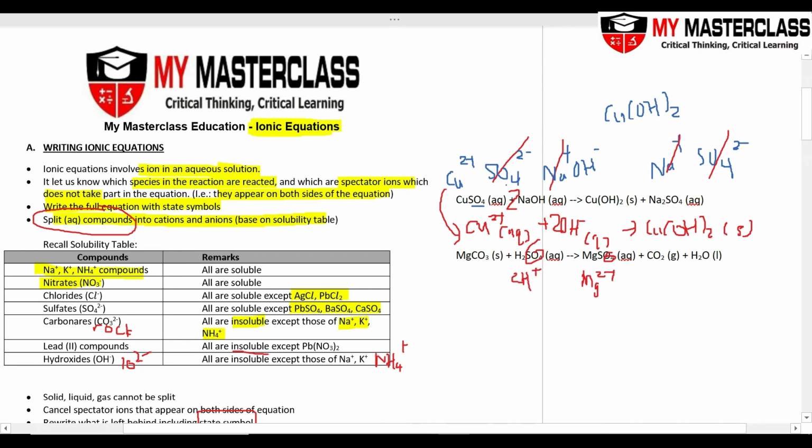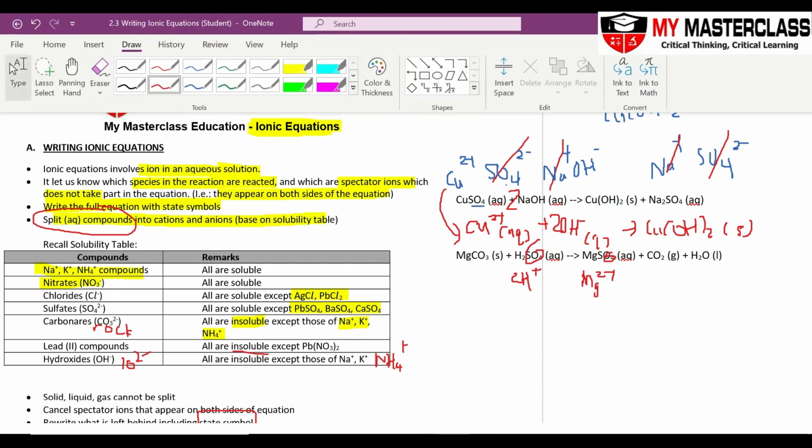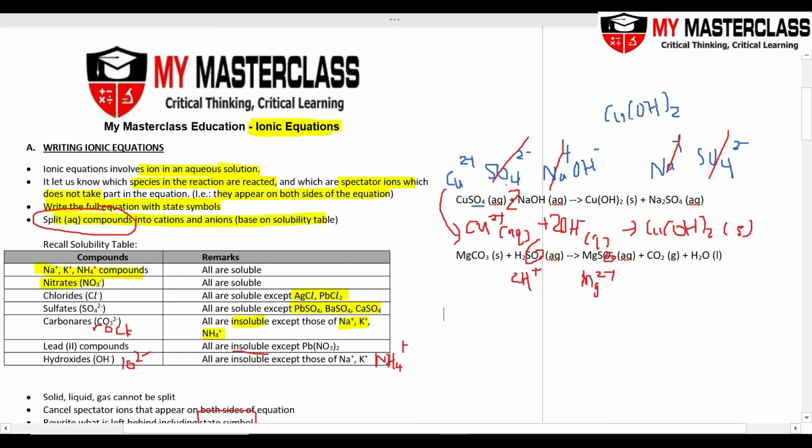And then you get your CO2 and H2O. So your overall equation will be this: MgCO3 solid plus 2H+ gives you Mg2+ plus CO2 gas plus H2O.